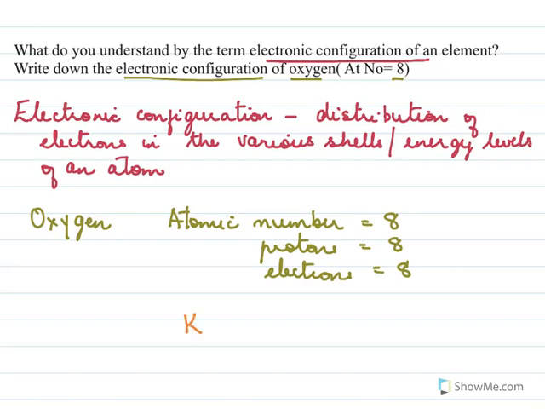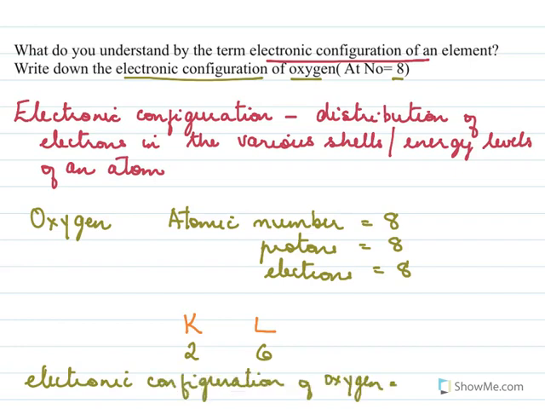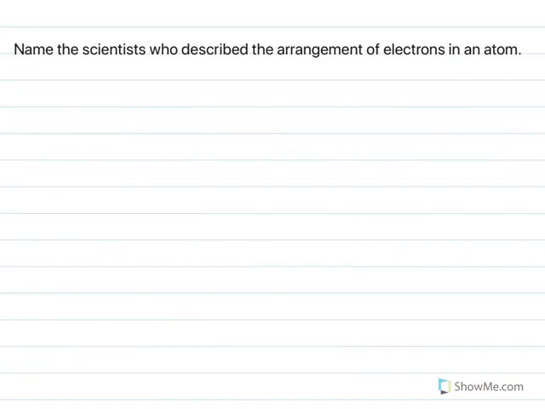We have to distribute 8 electrons. 2, 6 are left. So we don't require the other shells. This would be the electronic configuration of oxygen. You'll say 2, 6.